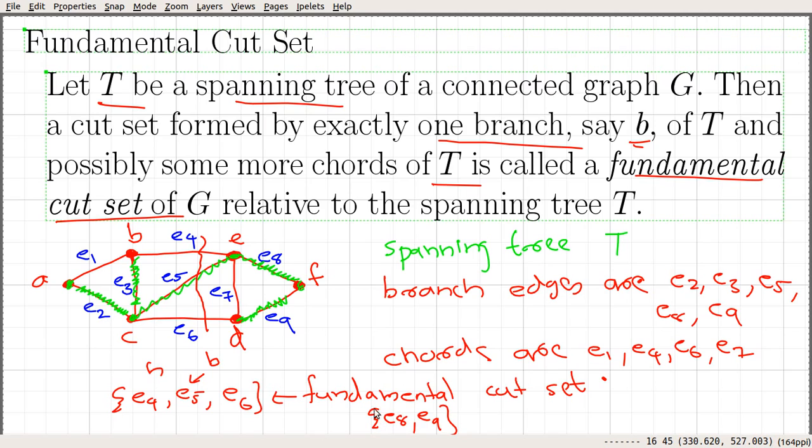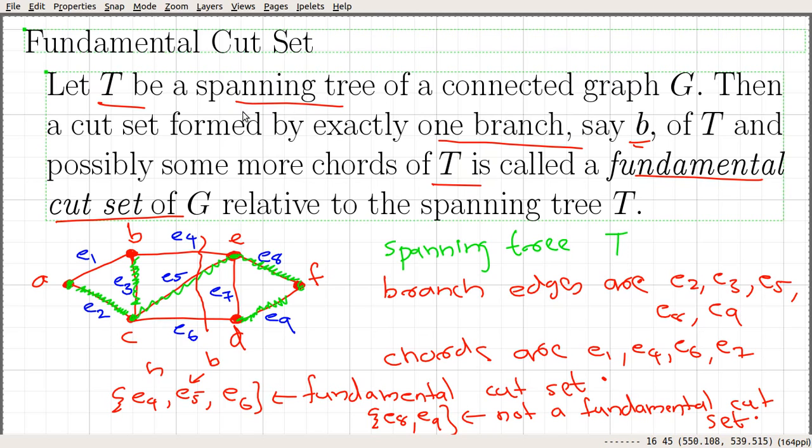So it is a cut set, whereas it is not a fundamental cut set, because these two edges E8 and E9 are both branch edges, which is not allowed in a fundamental cut set.